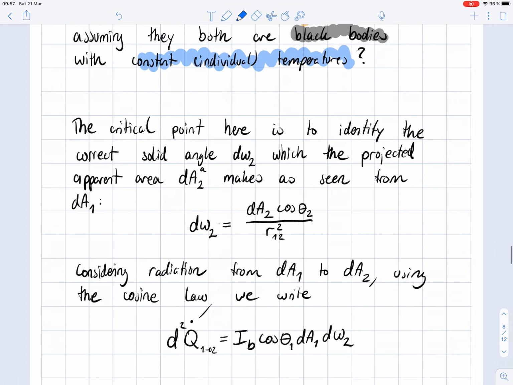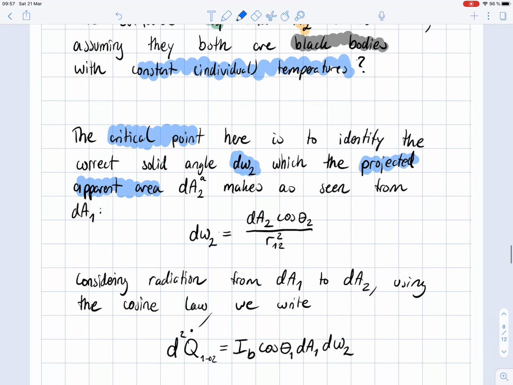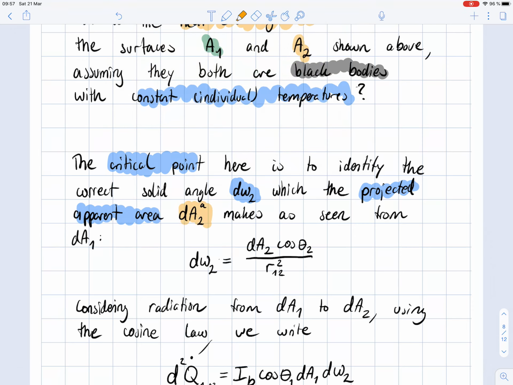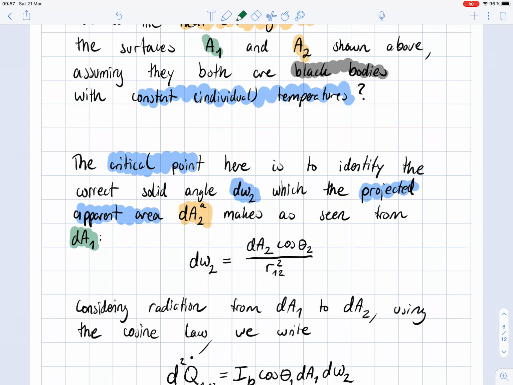Of course, the critical point here is to identify the solid angle which the projected apparent area, A2, so that's the orange one, makes as it is seen from A1.